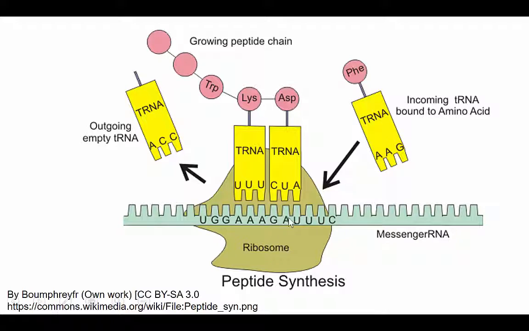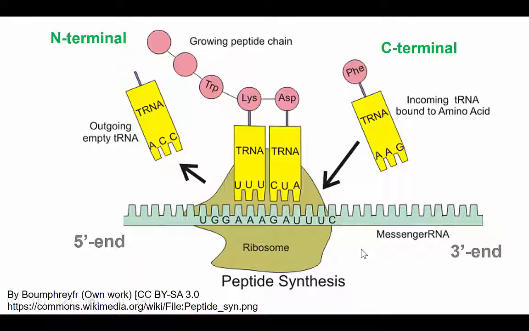Then we can say this mRNA is moving from this direction to this direction, moving out, and then protein is synthesized. That's why this sequence is matching to this sequence here. Clear? So this is the 5' end, this is the 3' end, and this should be the N terminal, and this should be the C terminal.